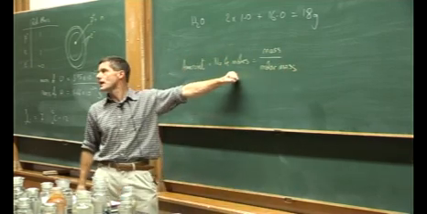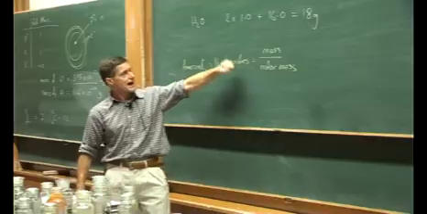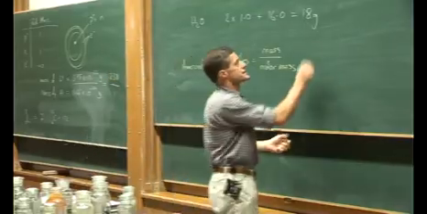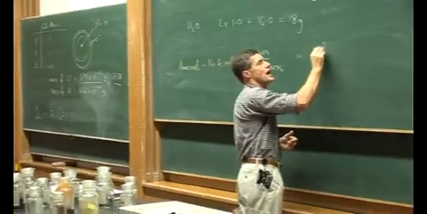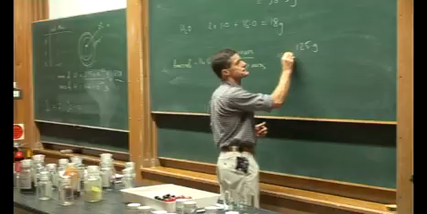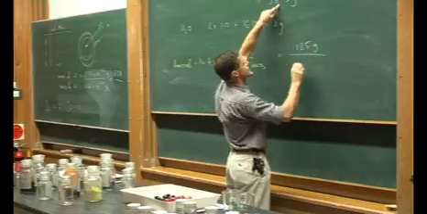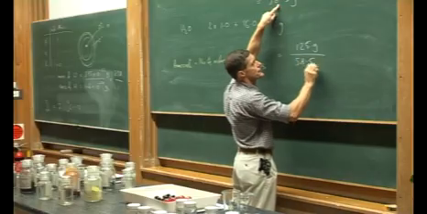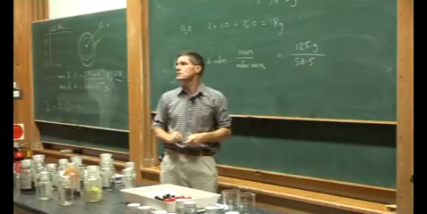A formula that I'd like you to learn is that the amount is mass over molar mass. In this example, we have a 125 gram container of salt. The molar mass of NaCl is 58.5 grams per mole.